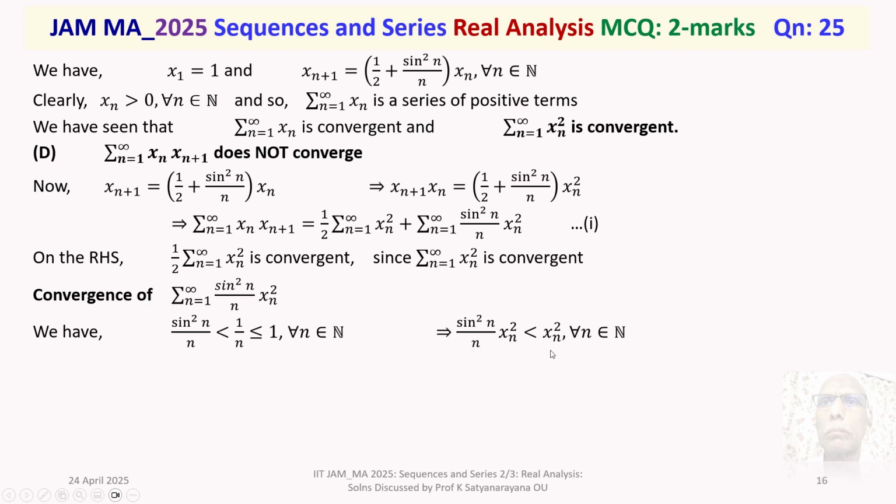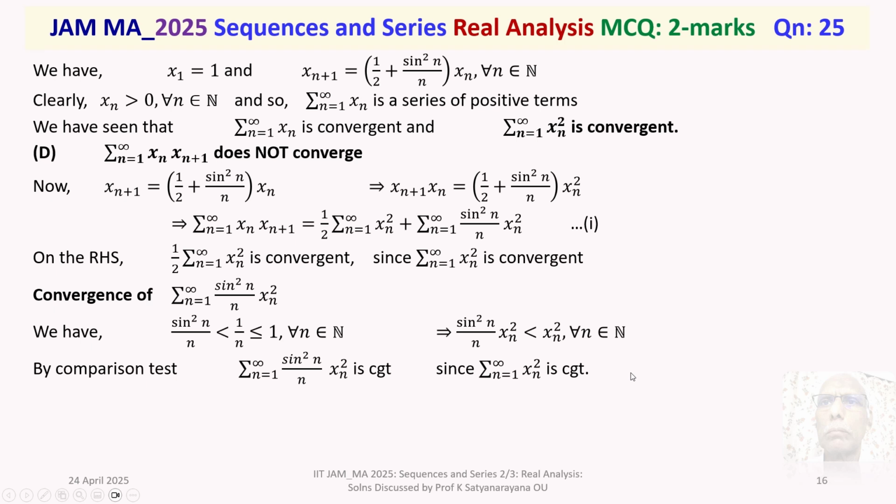Each xn is positive, so xn square is also positive, and the inequality will be the same. Sine square n by n xn square is less than xn square. Now, on the right hand side, sigma xn square is convergent. So is sigma sine square n by n xn square, by the comparison test.